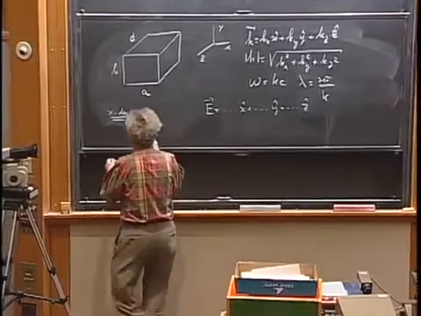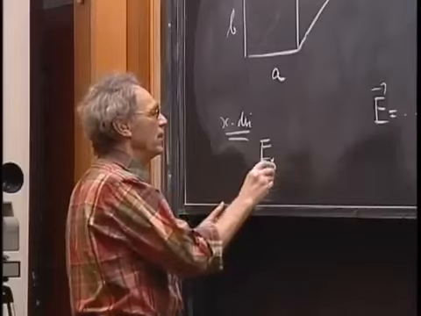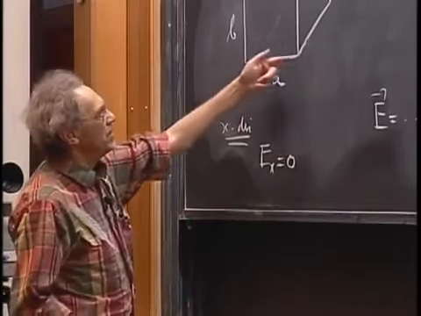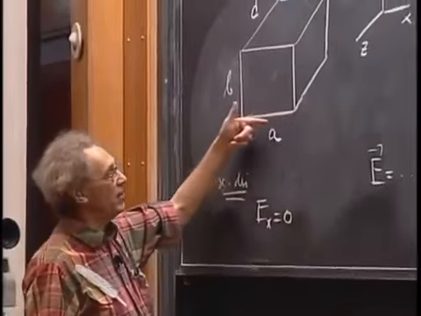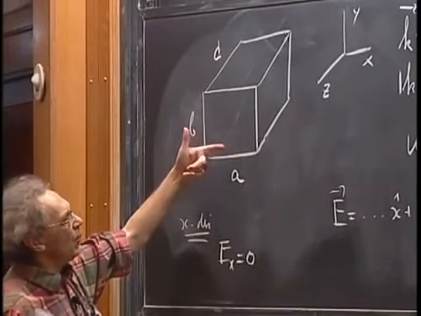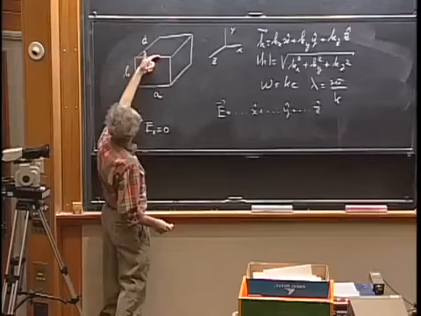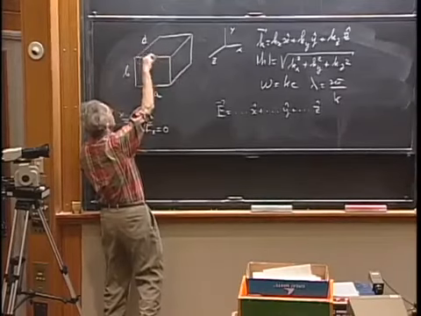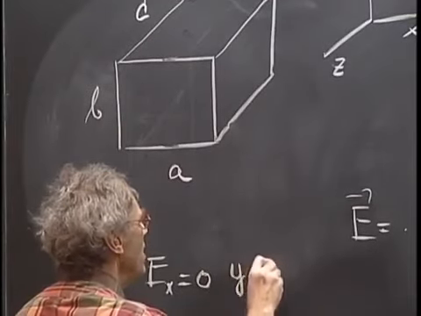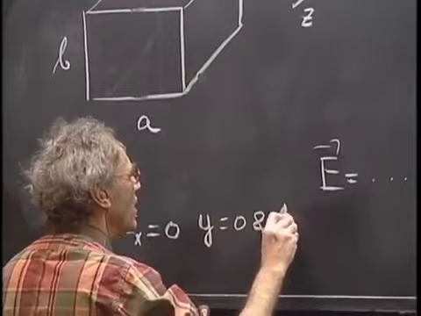E of x, which is the component of the E field in the x direction, must be 0 at y equals 0 and at y equals b. If it were not 0, there would be a tangential electric field in that top plate. So it must be 0 when y equals 0 and also when y equals b.